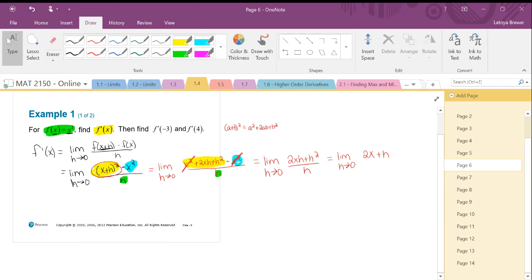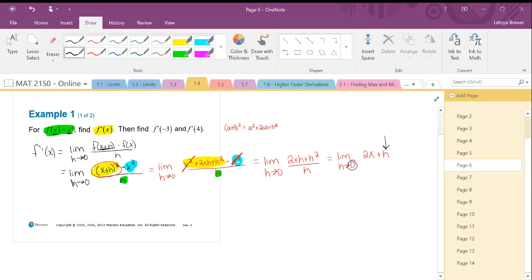Now, at this point, guys, I have to go back and remember how to find the limit. So how did we find the limit? Remember that I told you, and it's in your PowerPoints. I know we had confusion about, or sometimes we have confusion about limits, about why we are able to substitute. But our shortcut says that we can just take this value and substitute that to find the limit as h approaches 0.